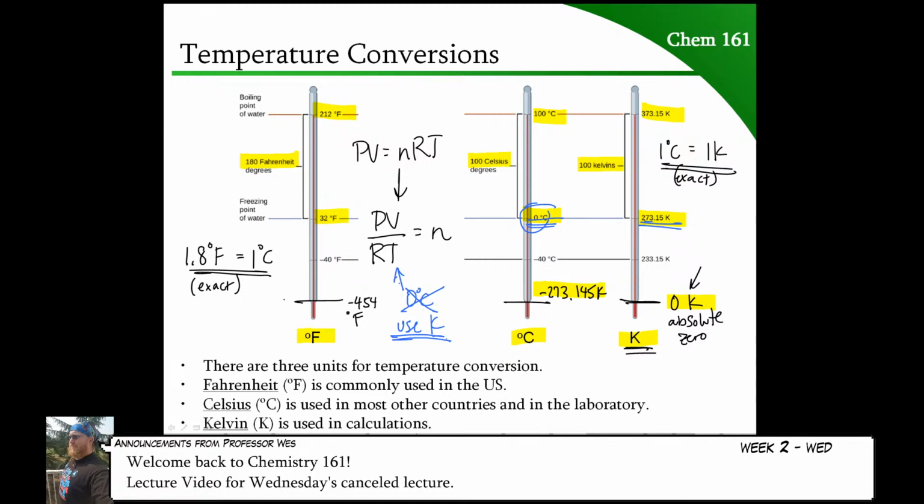For example, delta T, like a change in temperature. The change in temperature in Celsius or Kelvin would be the same because, again, these are the same. So if I wanted this change, doesn't matter where I get, I'm going to get the same number either way. So it's safe to do that. But working in Kelvin is the safest action that you can do for temperature in this class and any other chemistry or physics class you can do.